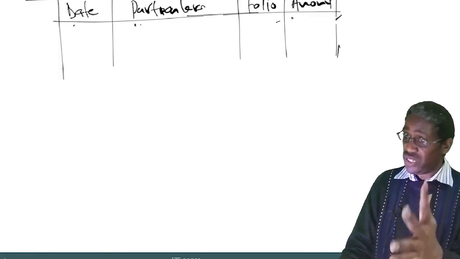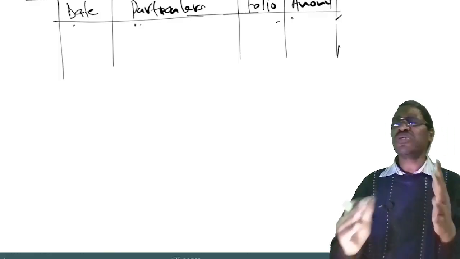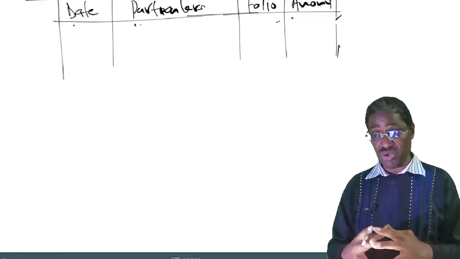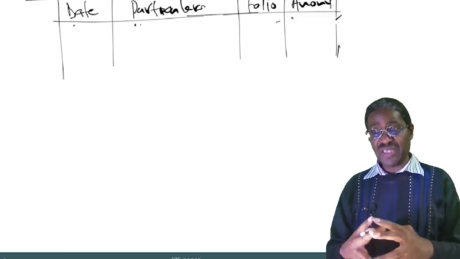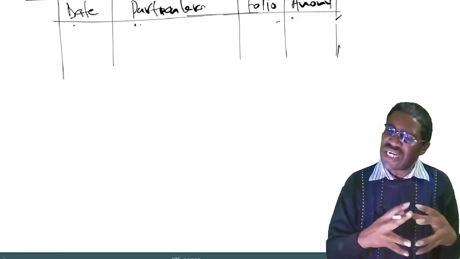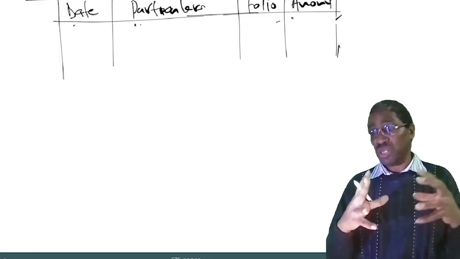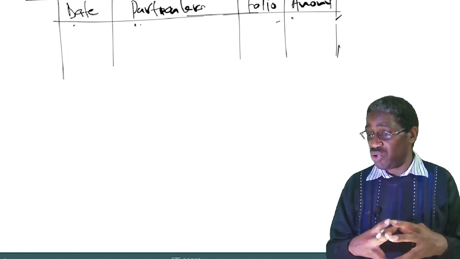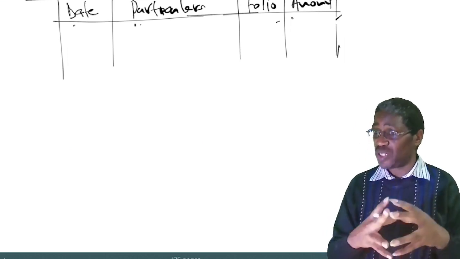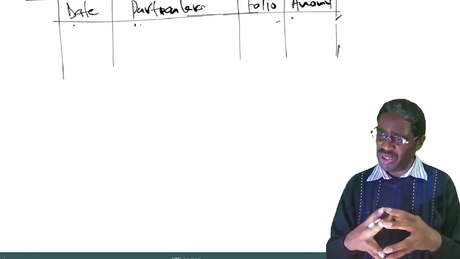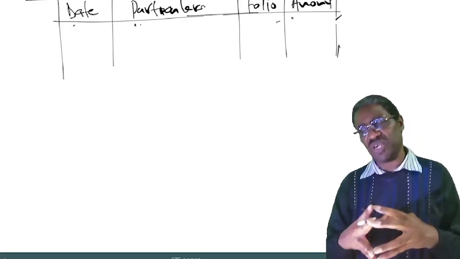I gave you an example. When you purchase a motor vehicle on credit from General Motors, then you could not record that transaction in the sales daybook. Or you could not record it in the purchase daybook because you are not purchasing a good, you are purchasing a motor vehicle. Neither could you record it in the cash book because you are not buying by cash, you are buying on credit.